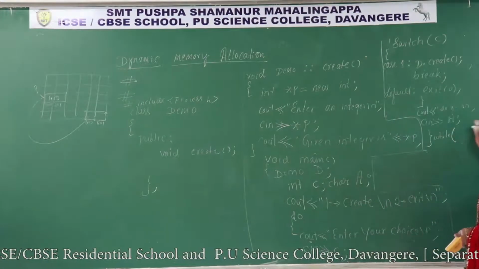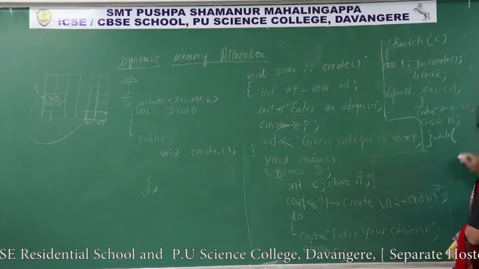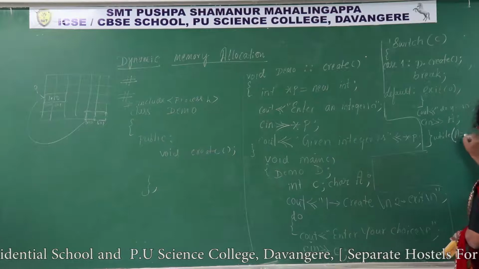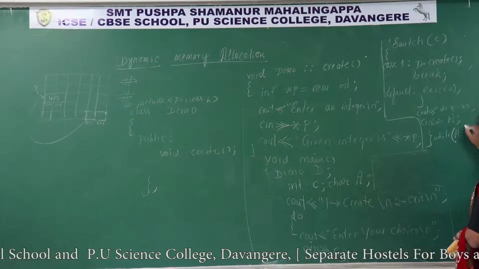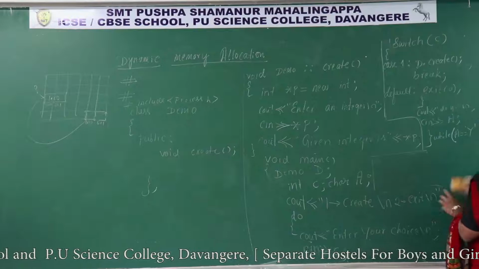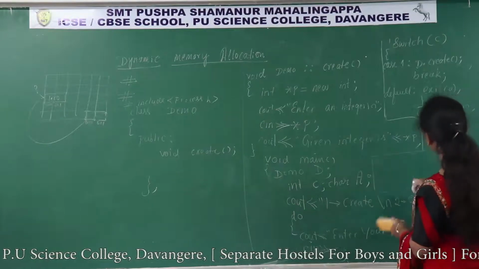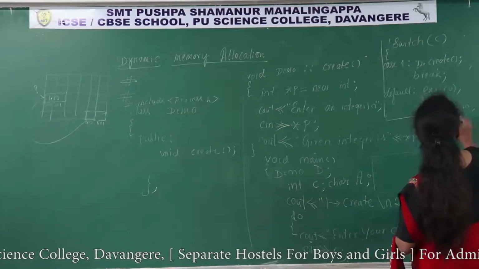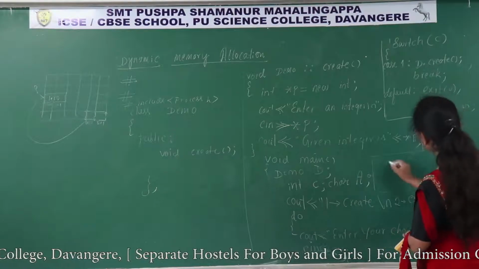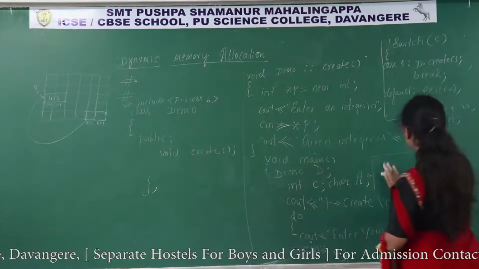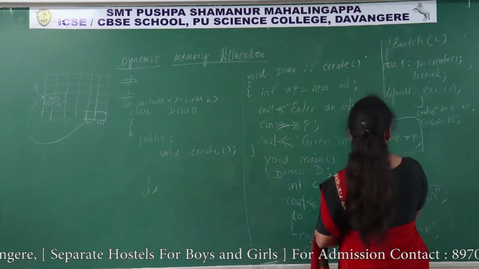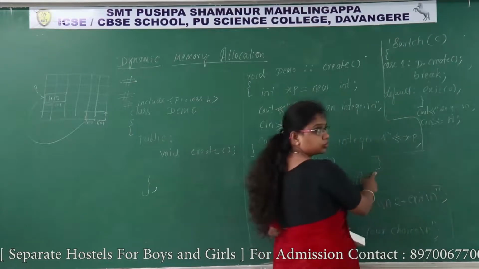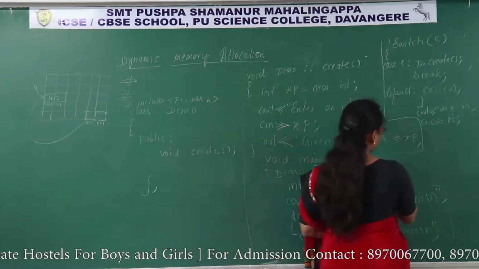We have to consider both here. While A is equal to capital Y. After the cin statement, closing brace. This is the close of do. You all know the syntax of do while.